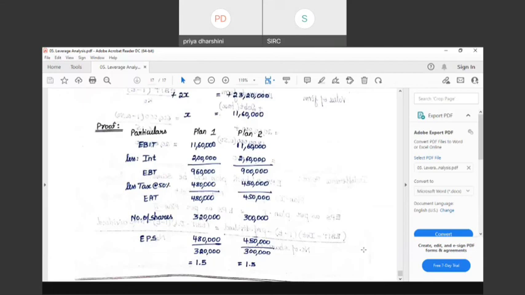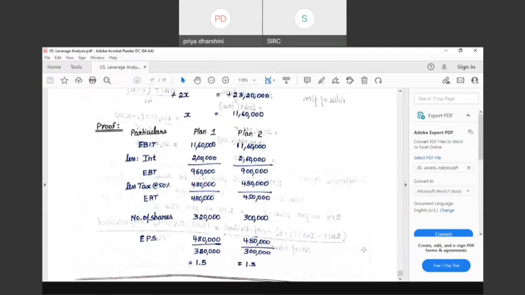What is financial break-even? Your earnings before interest and tax must be sufficient to pay interest. Financial break-even is a point where EBT is 0, where your earnings before interest and tax is sufficient to pay interest.